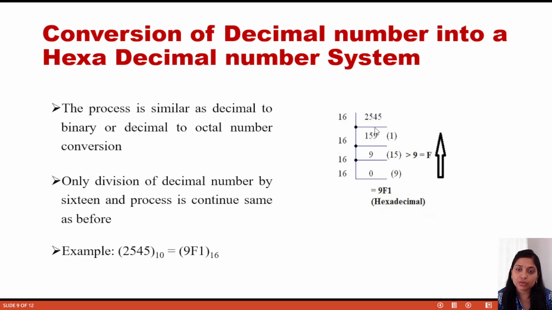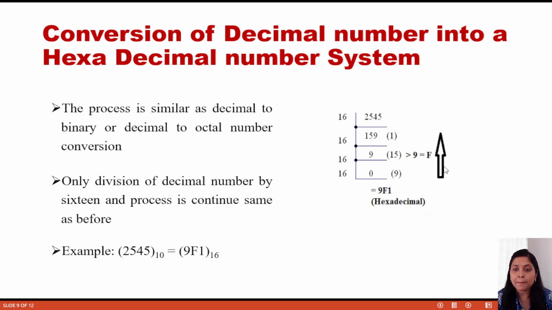So this is the quotient part and this one is the remainder part. Again we divide by 16, the quotient is 9 and the remainder is 15, but we cannot write 15 here because this is a hexadecimal number, so we represent it as F. Then again we divide 9 by 16, so the quotient will be 0 because we cannot divide 9 by 16, and the remainder will be 9.